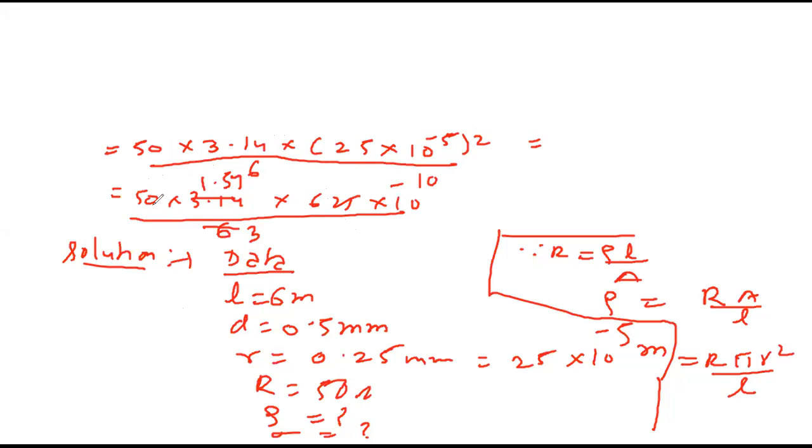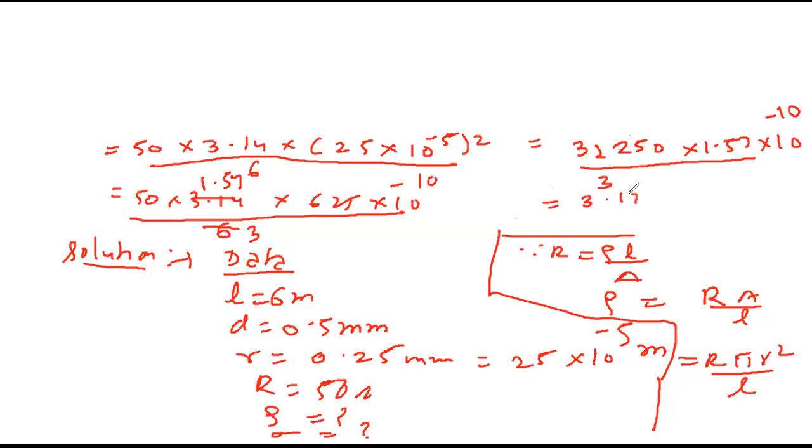Let me multiply this: 5 into 5 is 25, 5 into 2 is 10 and 2 is 12, carry 1, 5 2s are 31, so 3125 into 1.57 into 10 raised to minus 10 upon 3.